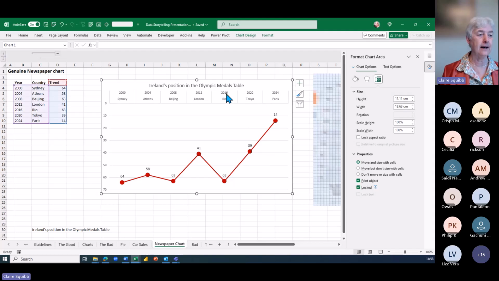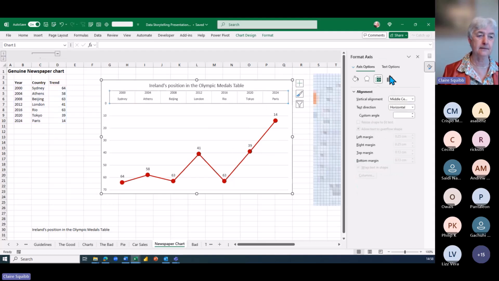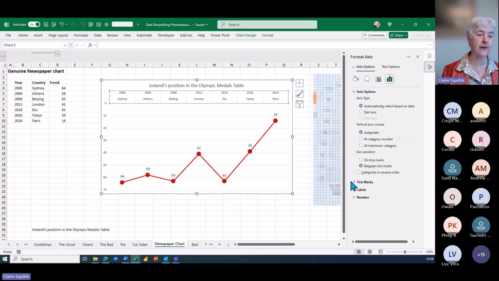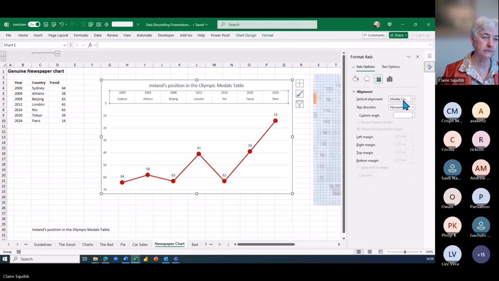This puts the x-axis in the wrong place. We want to put it with the high value. Horizontal axis labels.